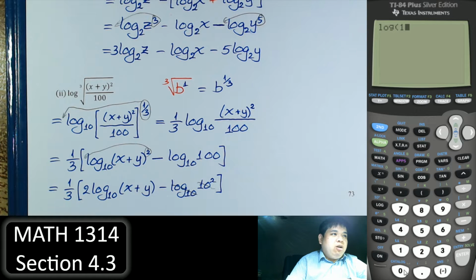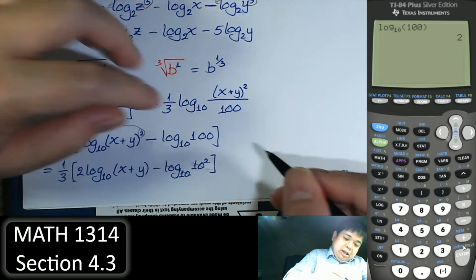We can just say log of 100. If we want base 10, some calculators have it, some don't. If your calculator has it, it will be in this option. Anyway, that is 2.